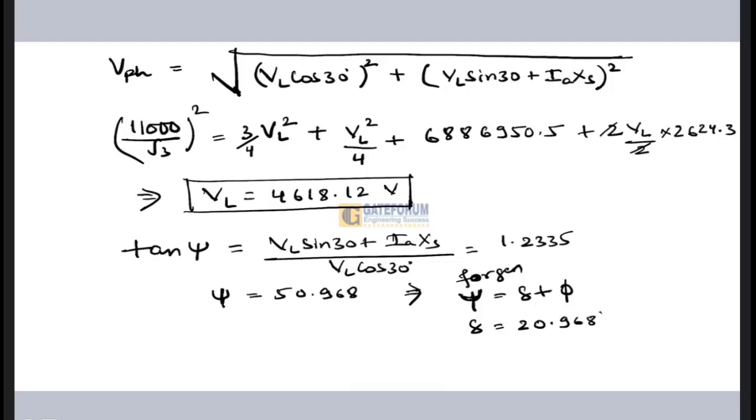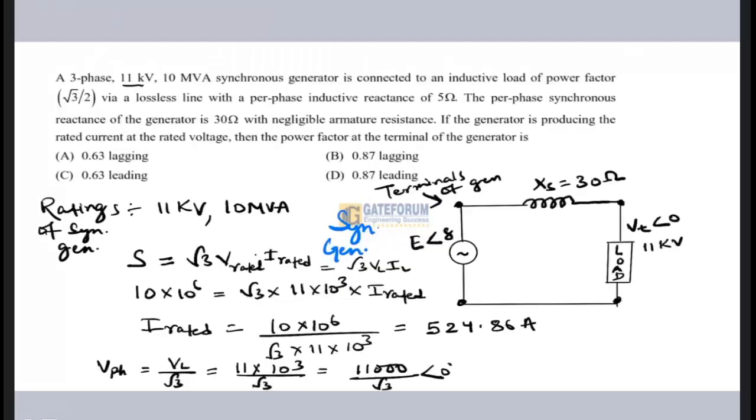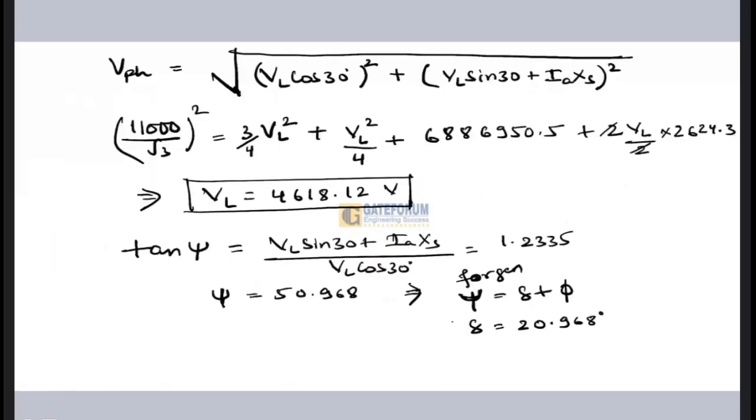Already they have given you the inductive load of power factor root 3 by 2. Cos phi is equal to root 3 by 2, that means phi will be equal to 30 degree. So 50.968 minus 30 will be your delta.